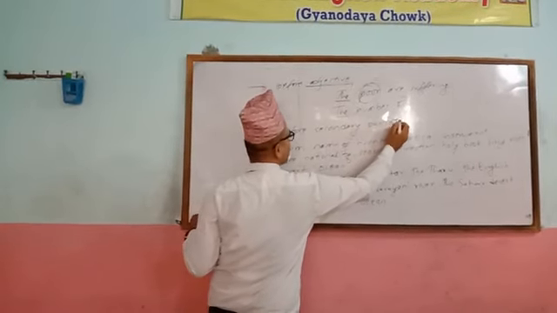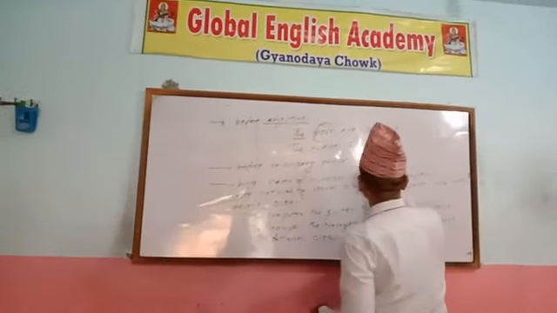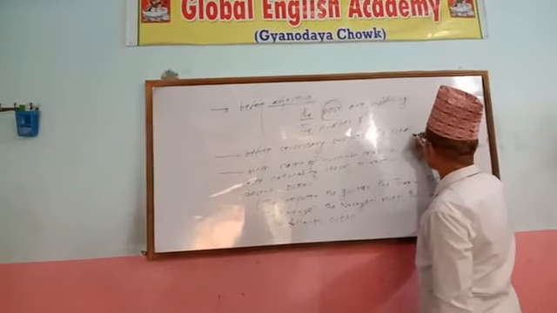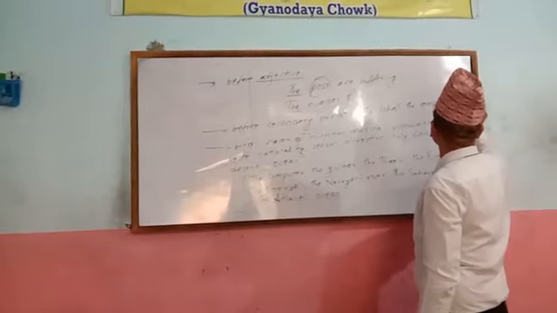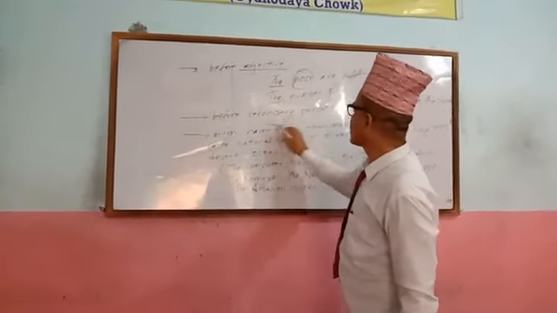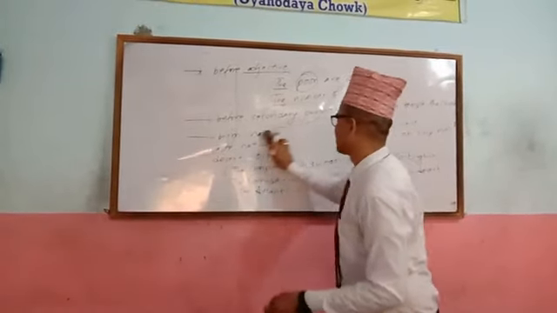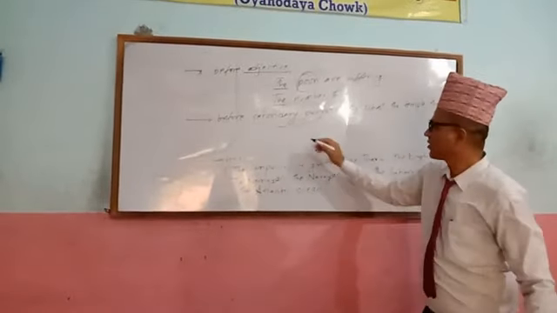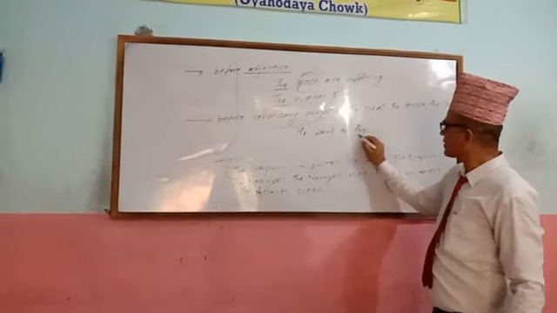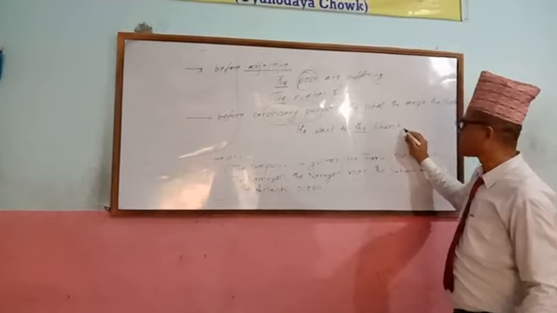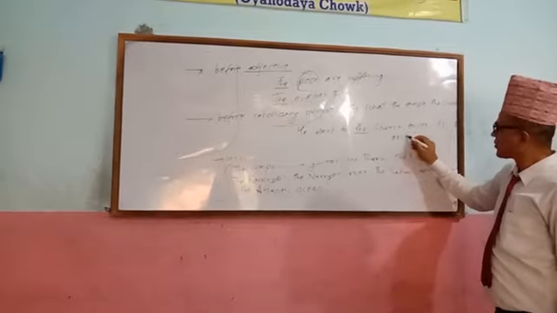I told you about the omission of article, for example, we can use the school sometimes, the temple, the church, right? But in a certain condition, if it shows the secondary purpose, secondary intention, not the primary intention, for example, he went to the church to see its architecture, right?